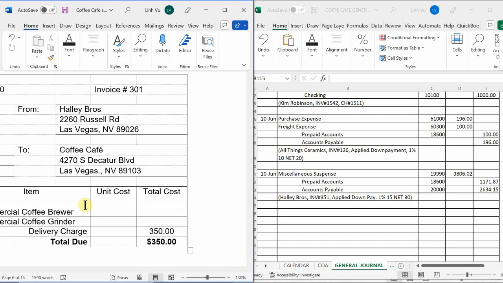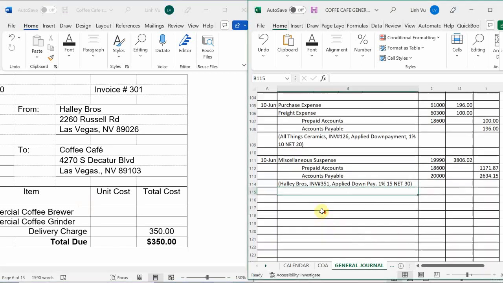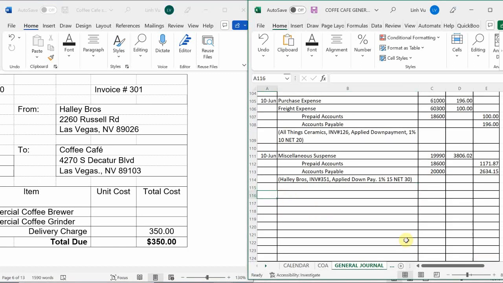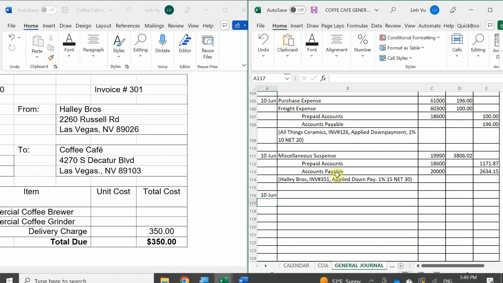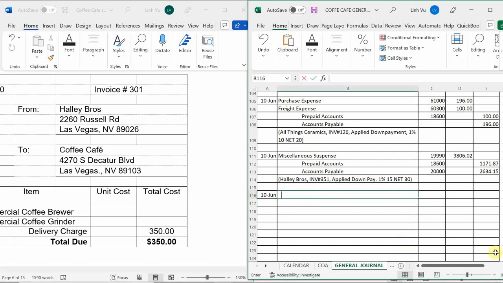And this one is just the part of the cost to get them delivered to your store. So in this case, where did you place them? You place them to miscellaneous suspense. So that's exactly where you're going to place this shipment. You're going to put the shipping costs into miscellaneous suspense account because your coffee brewers and coffee grinders are currently located there.